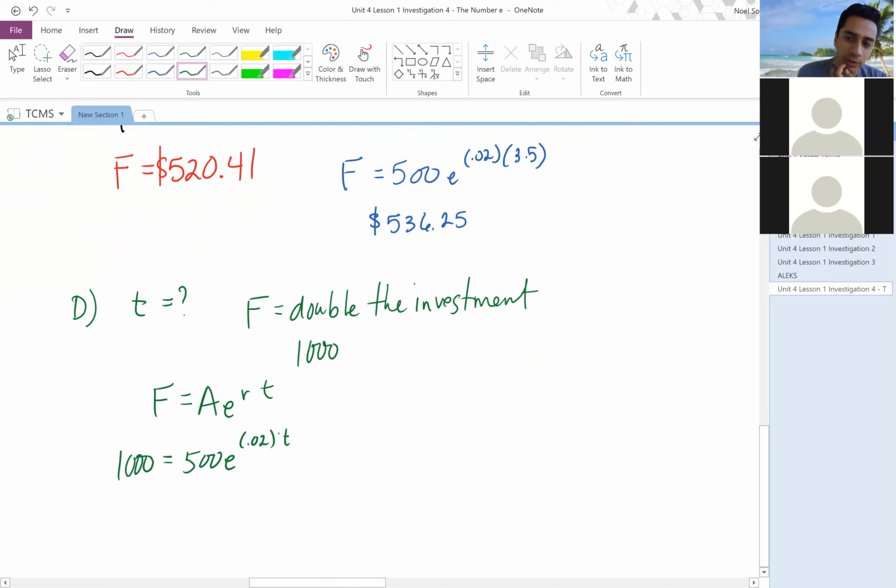So whenever you are solving for the variable and the variable happens to be part of the exponent, we've got to use log. But in this case, because we have e, I'm going to teach you something real quick, something that you usually learn in pre-calc or at the end of algebra 2, is that e, the number e, has an inverse, which is called the ln, which is known as the natural log.